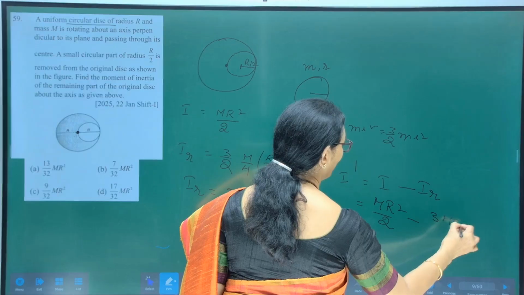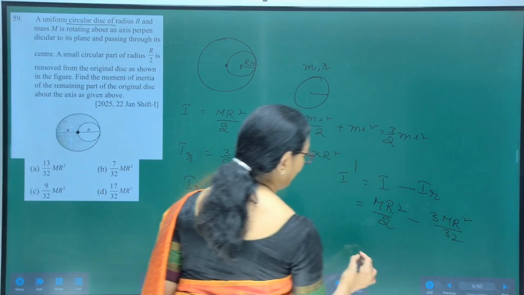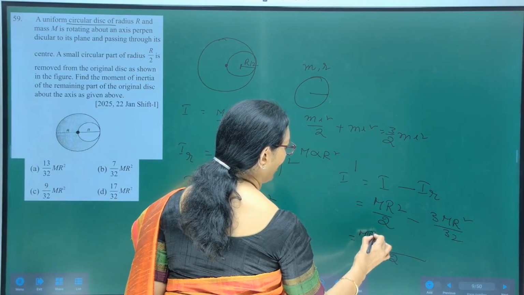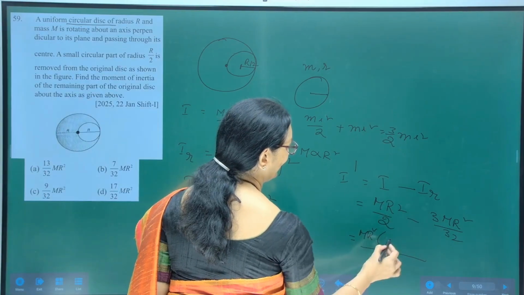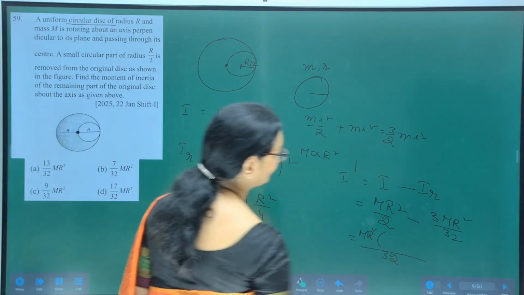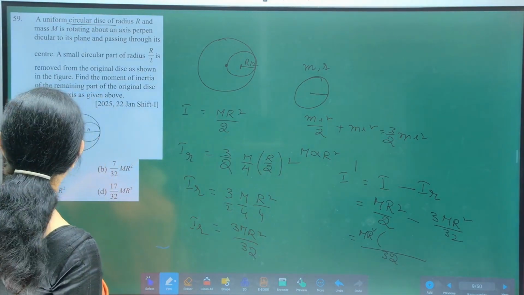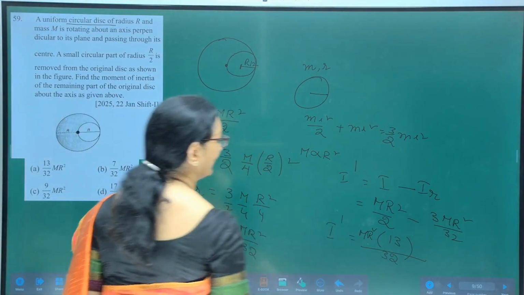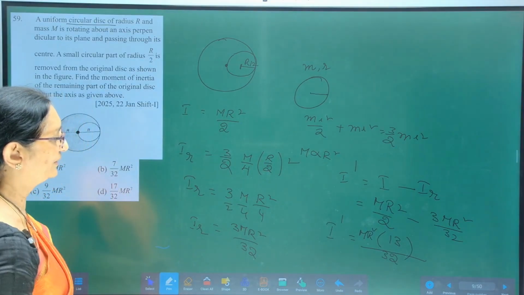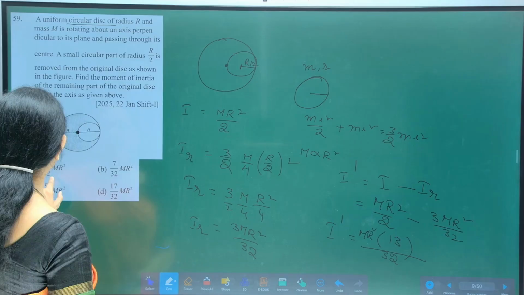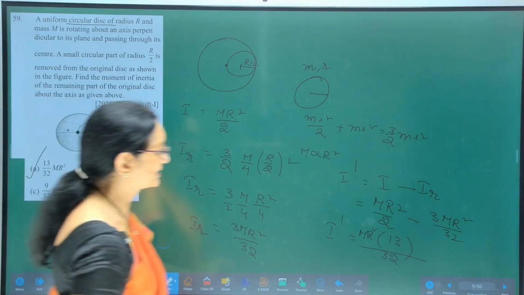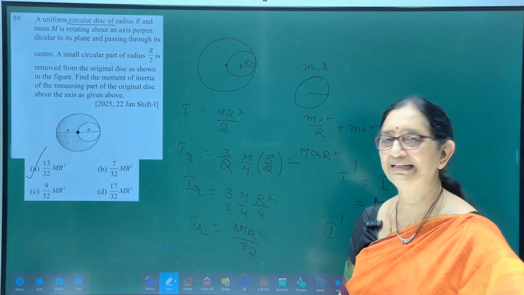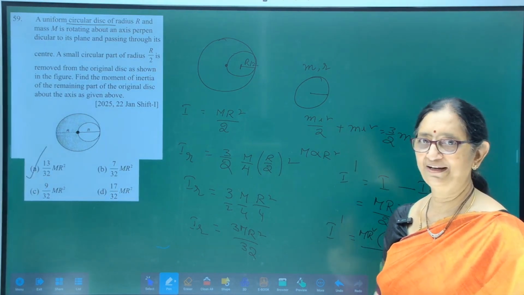If you take 32 as LCM, m r square as a common factor here, 16 minus 3, it is 13. So, moment of inertia of the remaining part about the original axis is 13 by 32 m r square. That is the first option given over there. Is it all right? Move on to the next.